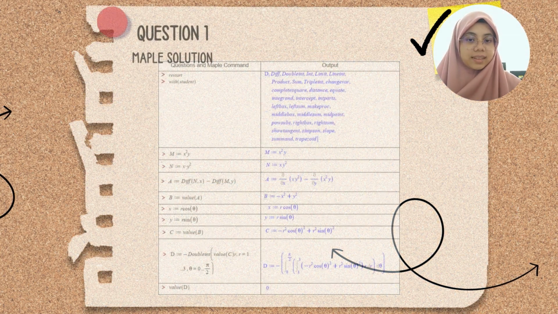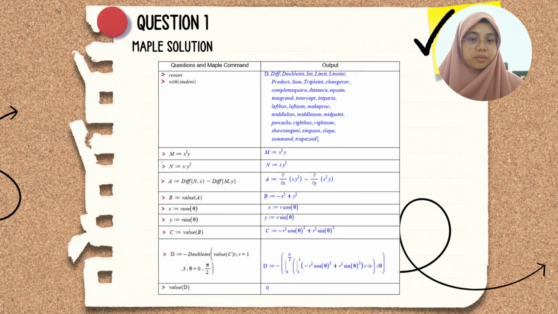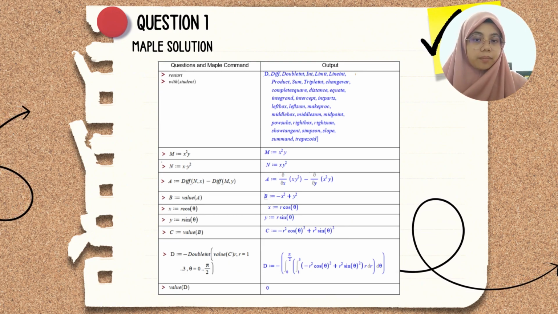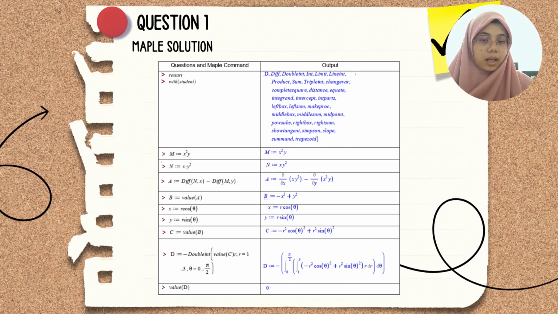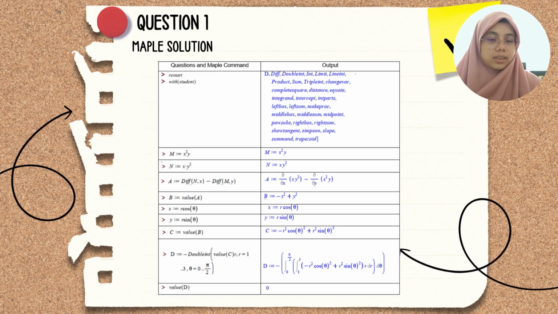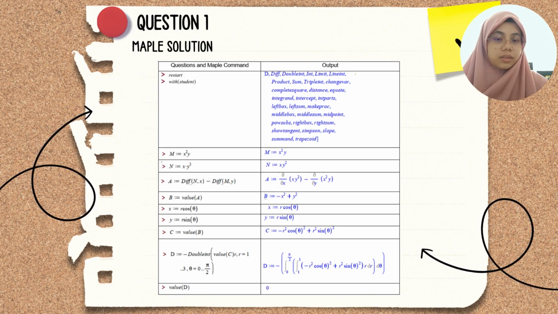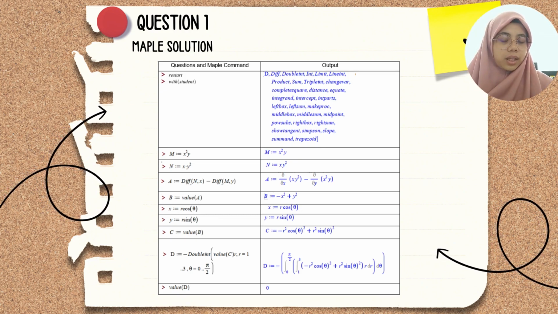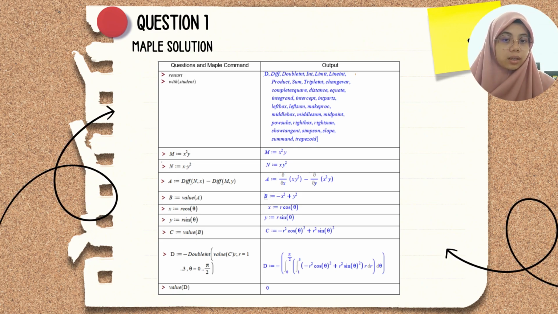I will be presenting the Maple solution for question 1. Firstly, type in restart, with student. Next, let M equals x squared y and N as x y squared. Then we let A as the differentiation of N with respect to x minus the differentiation of M with respect to y. We let B as the value of A, which is negative x squared plus y squared.